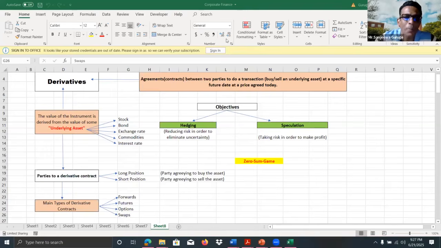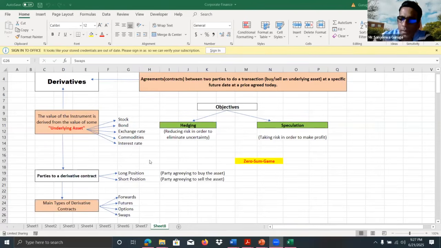So how to use these swap contracts to minimize foreign exchange risk? That depends on the depreciation of the local currency. Now, when we consider the depreciation of the Sri Lankan rupee against various other currencies, when you analyze the historical pattern, what is the currency that shows the highest depreciation?